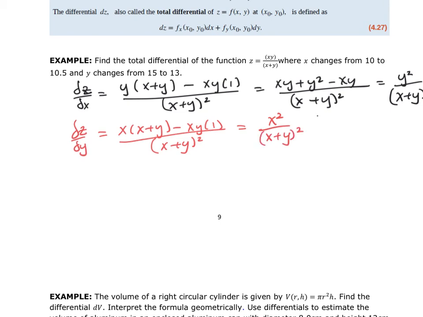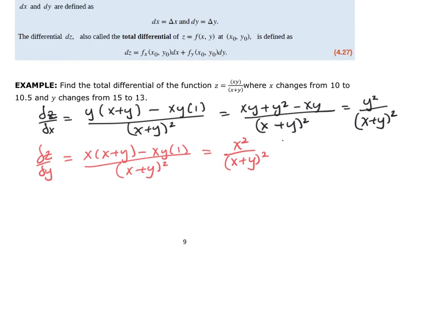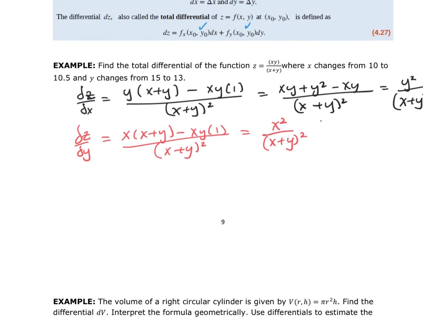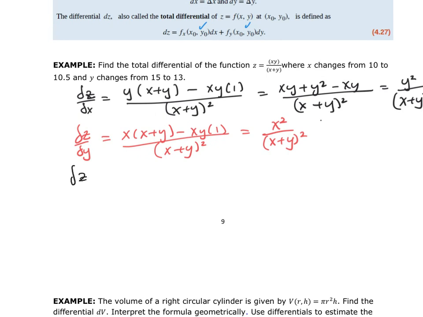All right, so I've now got my partial derivatives, here and here. What I want to do now is evaluate these at the given point. So I'm going to take my partial derivative with respect to x and evaluate it at the point 10 and 15.